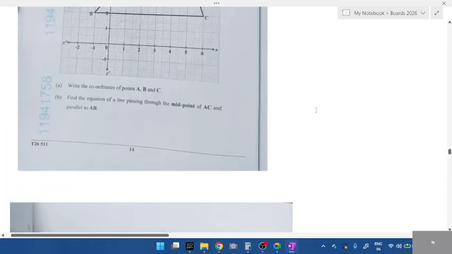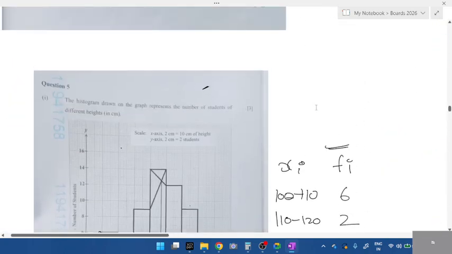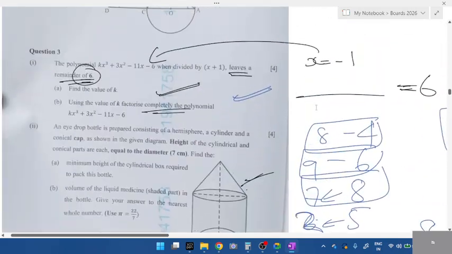If you try this, that's it. See, this is the recent question given. If you're able to do this, it means you've understood all the concepts.